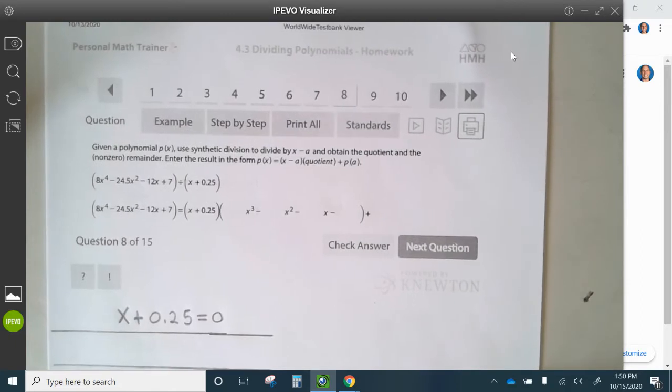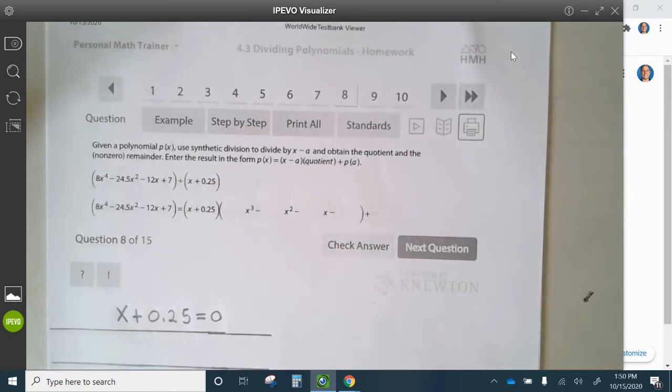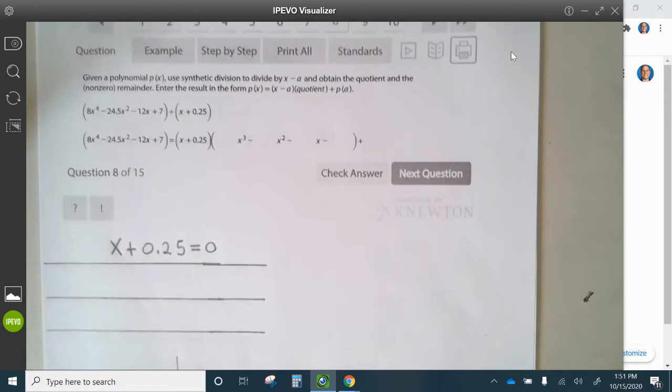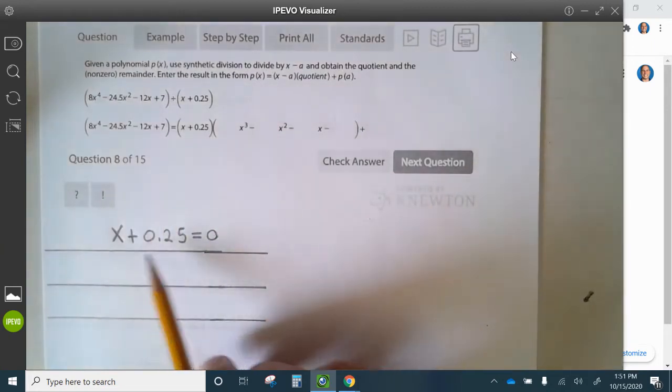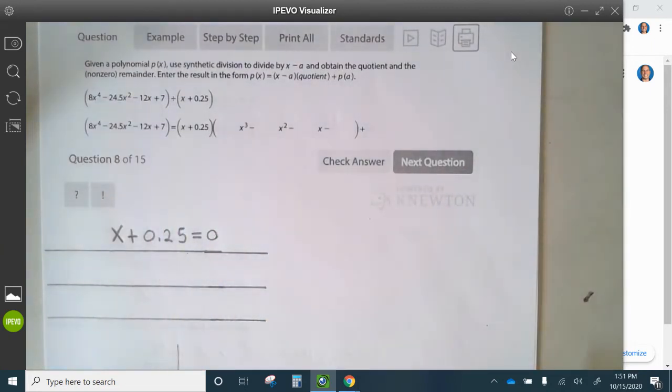All right. Take a look at question number 8. Okay, given a polynomial p of x, use synthetic division to divide by x minus a and obtain the quotient and the non-zero remainder. Enter results in the form of p of x equals x minus a times the quotient plus p of a. Okay, so the first thing is you're going to set the x plus 0.25 equal to 0 and solve for x.